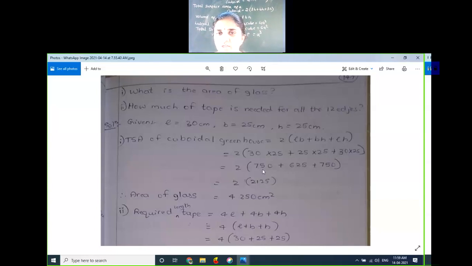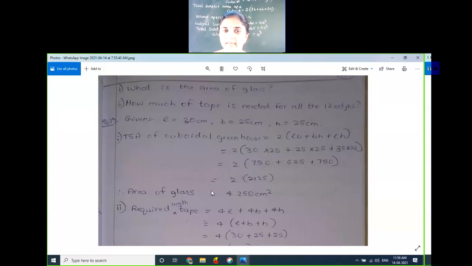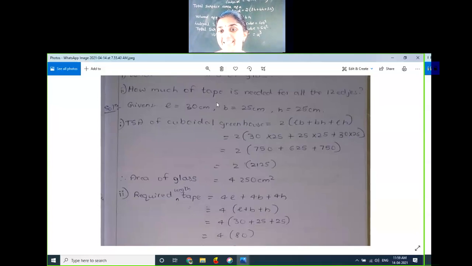After simplification, 750, 625 and 750, here 2125 into 2, that is 4250 centimeters square. Area of the glass, that is total surface area of the glass, is 4250 centimeters square. Next, second question: how much tape is needed for all the 12 edges?